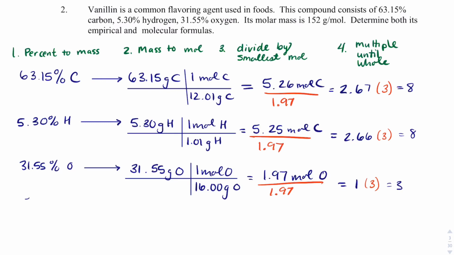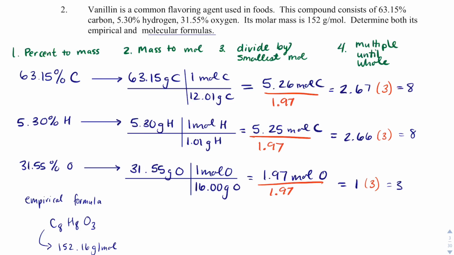And so my empirical formula is C8H8O3, but I want the molecular formula. And so what I'm going to do is get the molar mass of this, and I get 152.16 grams per mole.